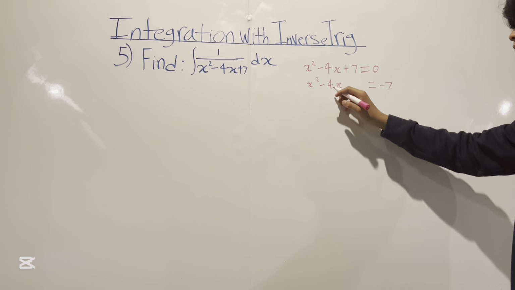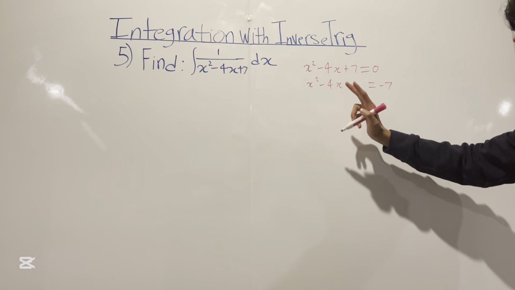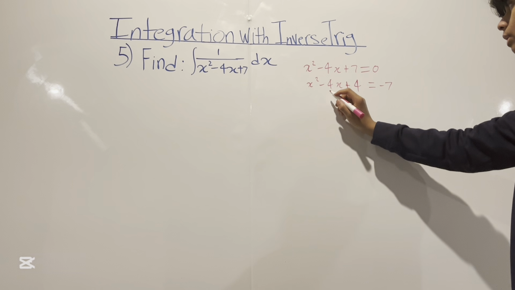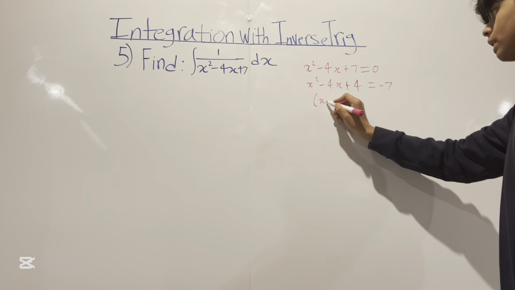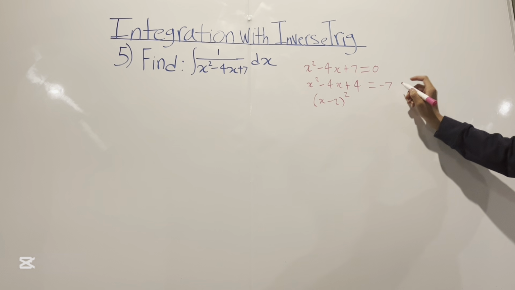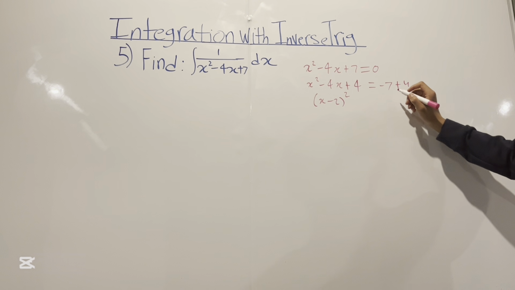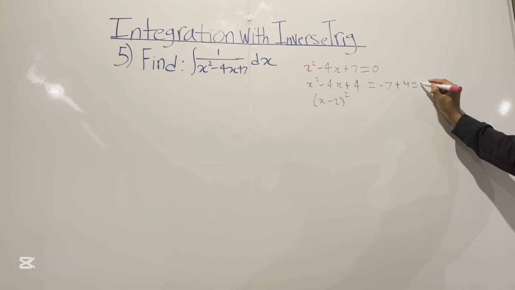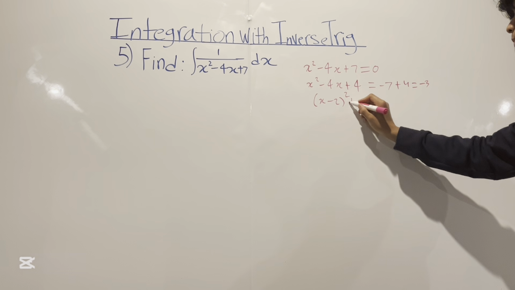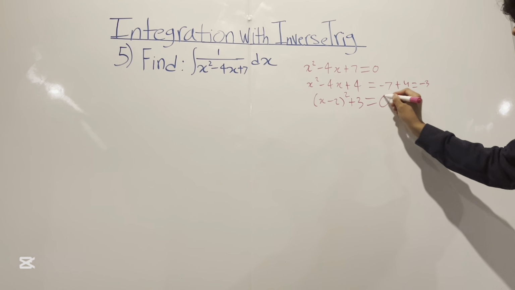So b over 2 is 4 over 2, which is 2. 2 squared is 4, so plus 4. And now we can factor this because this is just x minus 2 squared. And since we added 4 here, we're going to add 4 here. So this is equal to negative 3. And we're going to move this back, so this is going to be plus 3 equals 0.